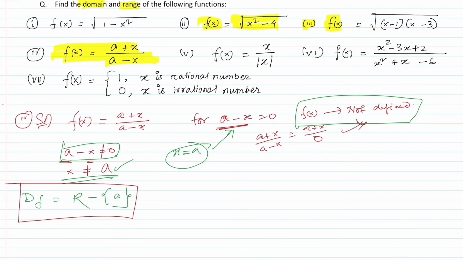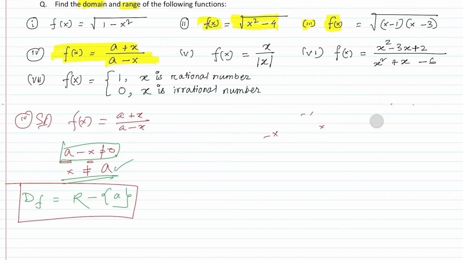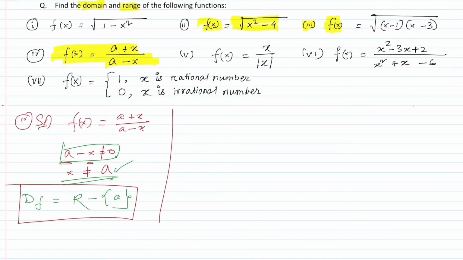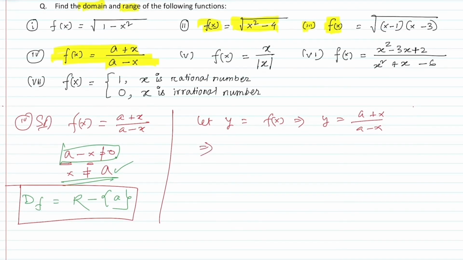So let me clean this. Now let us consider y is equal to f of x, which implies y is equal to (a plus x) by (a minus x). So now let me simplify this. That's going to be ay minus yx equals a plus x.